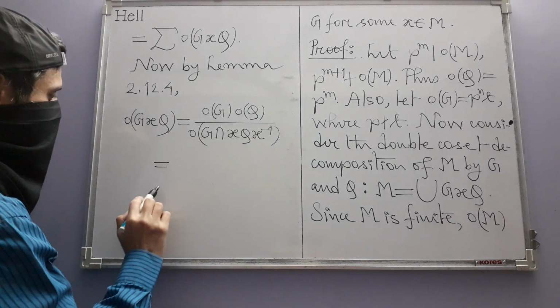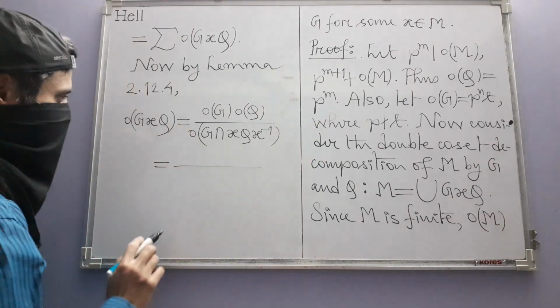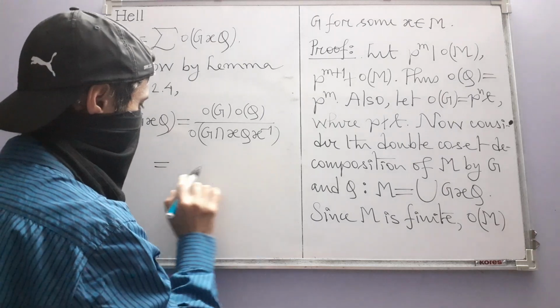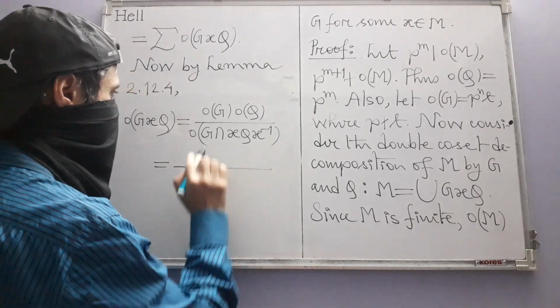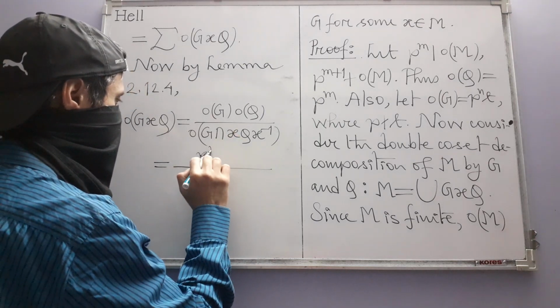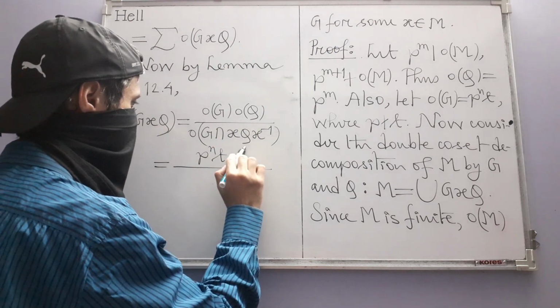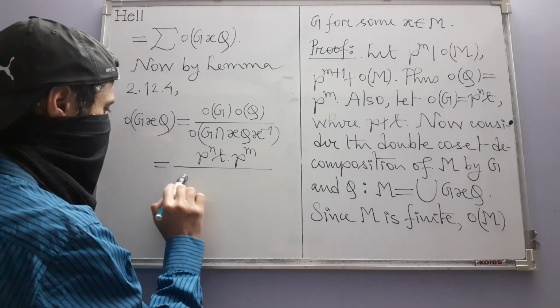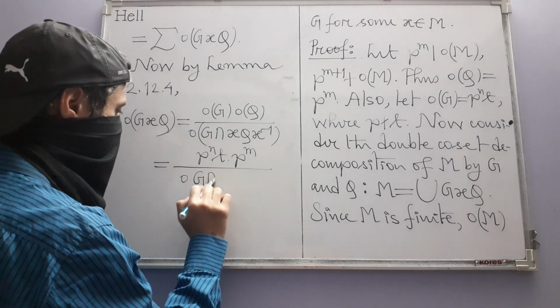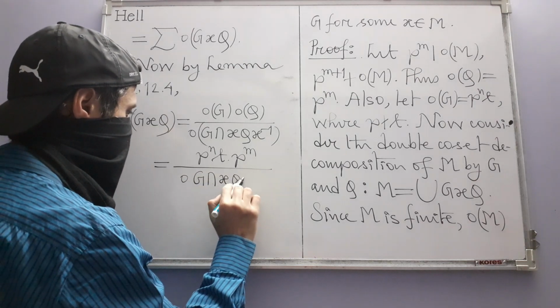And because we know what these orders are in the numerator, we can write one more line. So order of G is p to the power n times t, and this one is p to the power m, divided by this.